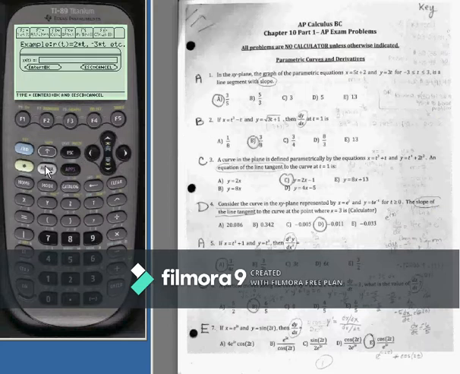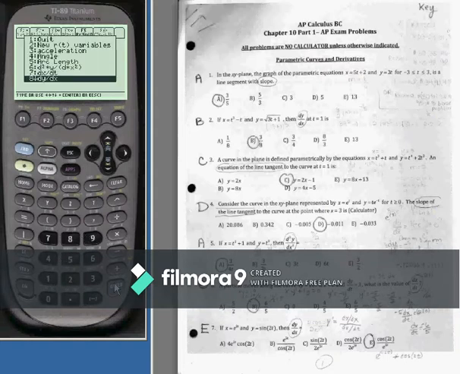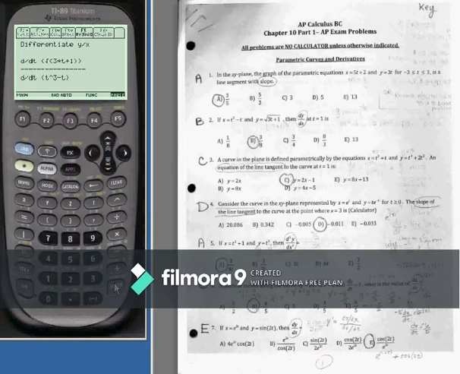We have to press alpha, t cubed minus t, and the square root is alpha 3 times t plus 1, 3 times t plus 1. Say it's okay. dy/dx we're finding.